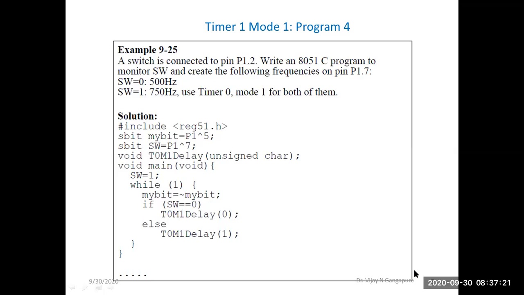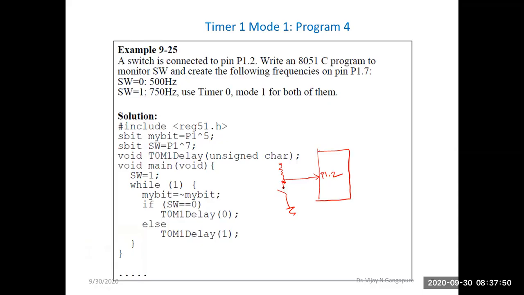Last program, number 4. So see the statement. A switch is connected to pin number 2 of port 1. Okay, so I will draw here. In this way the switch is connected to port 1 pin number 2.